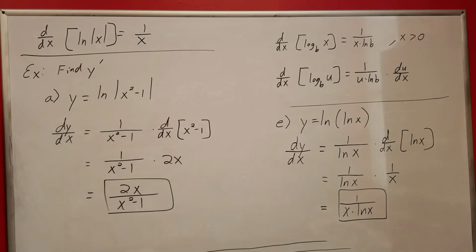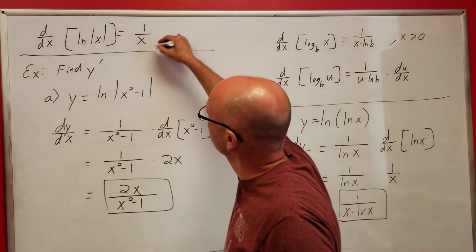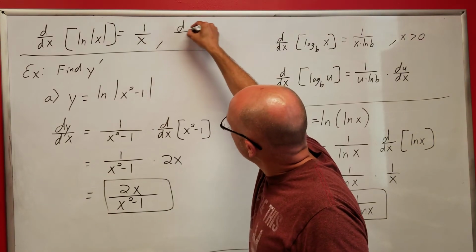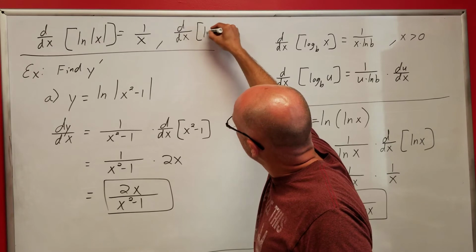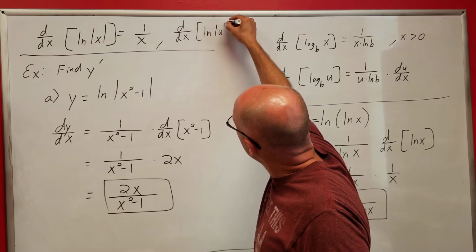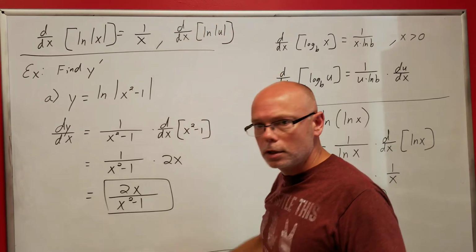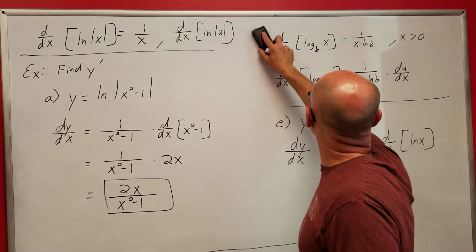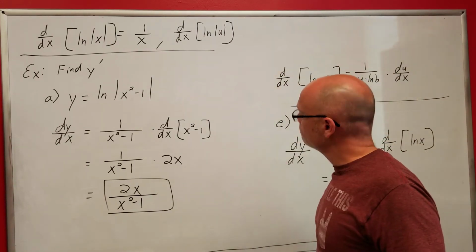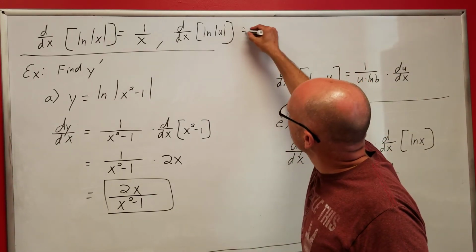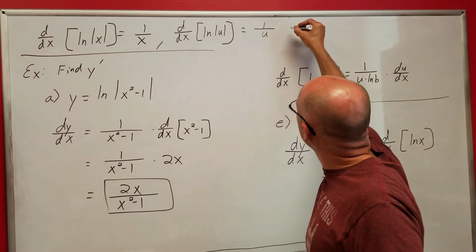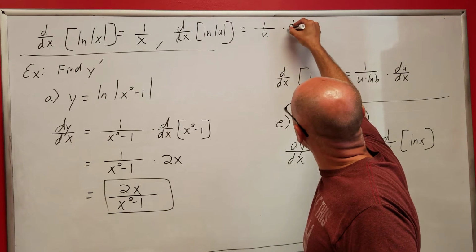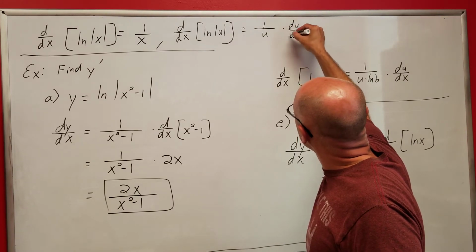I'll tell you what, let's write a more general form of this one. So let's say the derivative with respect to x of natural log of the absolute value of u, where u is some function of x. What is that equal to? That's going to equal 1 over the argument without the absolute value times du over dx.